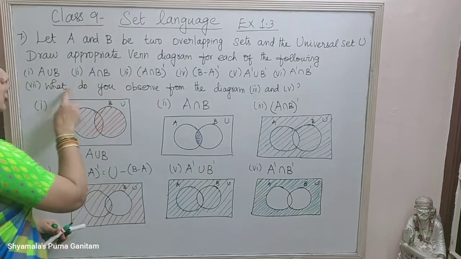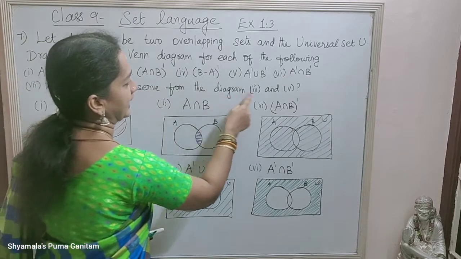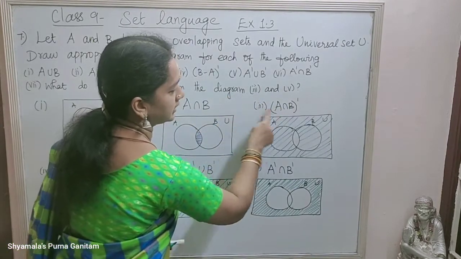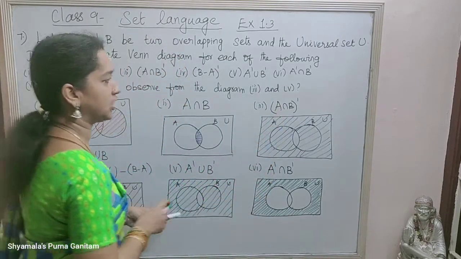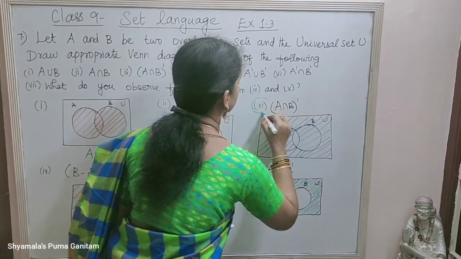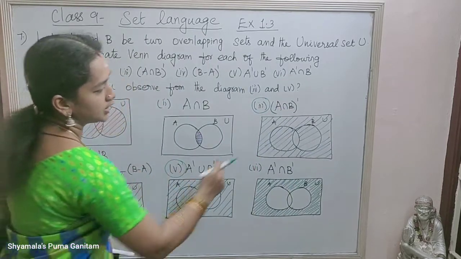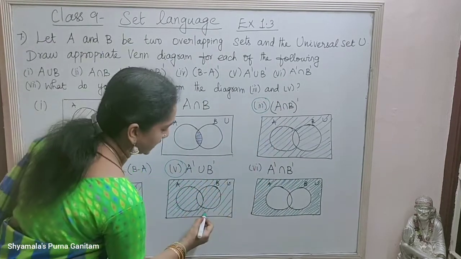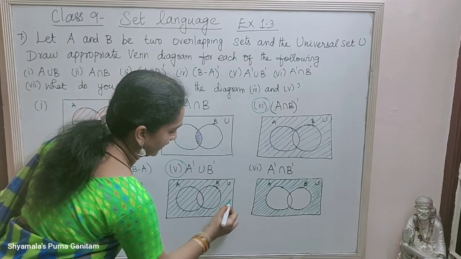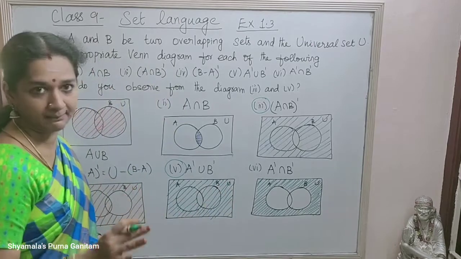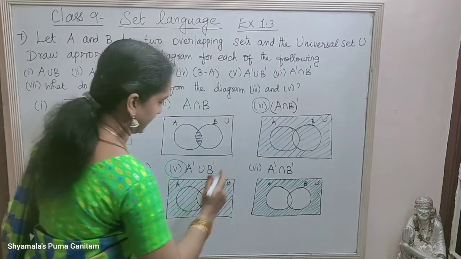Seventh one. What do you observe from the diagram 3 and 5? So what is the third one? This is the third one, A dash intersection B dash. And fifth one is this one. So what can you observe from this? We can observe that these two diagrams are the same.